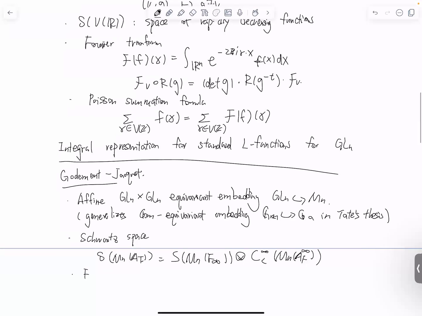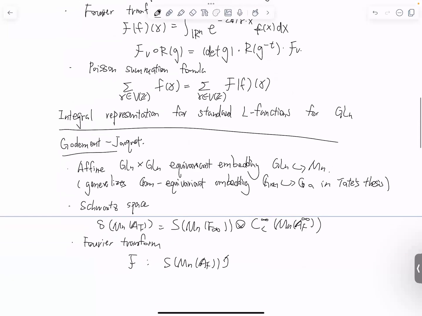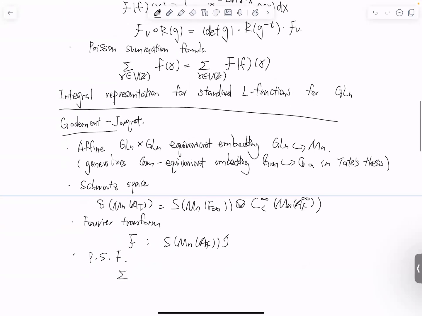On this space we have a Fourier transform acting on itself, and we also have a Poisson summation formula, which is the sum over gamma in the F-points of M_n of f(gamma), which equals the sum over F-points of M_n of the Fourier transform acting on f at gamma.